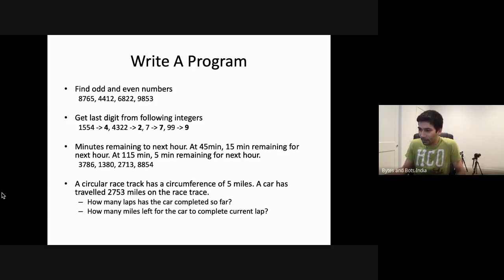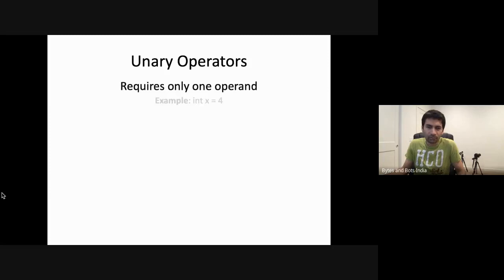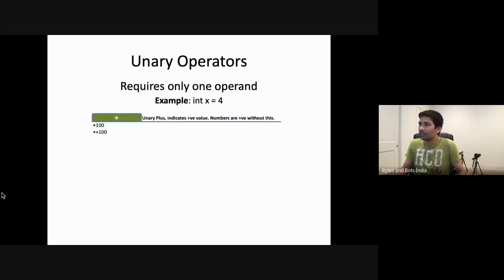With that context set, let's go ahead with today's session. We'll continue from where we left off last time, and today we'll start with the unary operators. The difference between the previous ones and these is that unary operators require only one operand.